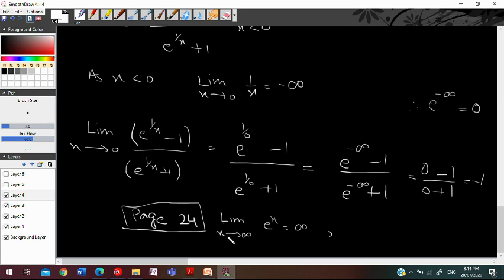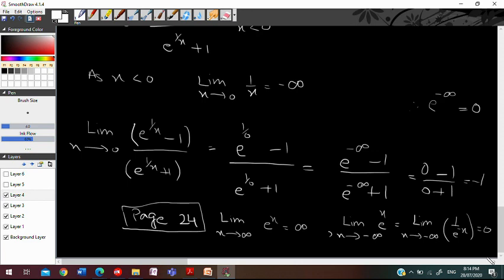Two things are important: where the limit approaches and what the answer is. The second is limit x approaches minus infinity, exponent x is equal to limit x approaches minus infinity, 1 by exponent minus x, which is equal to 0.